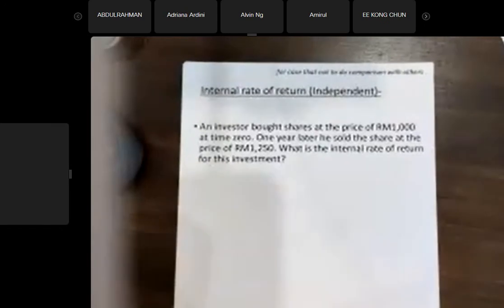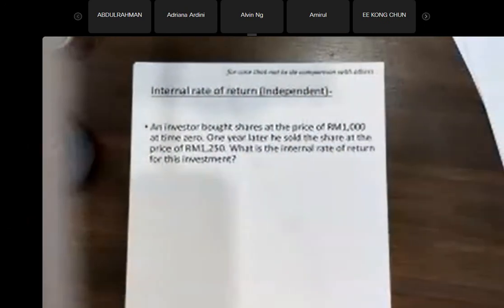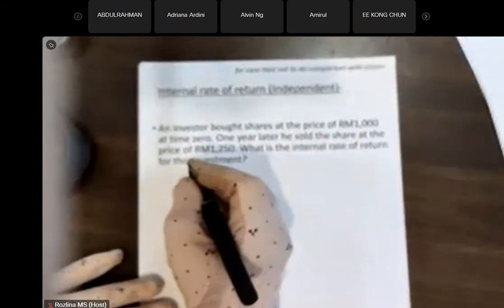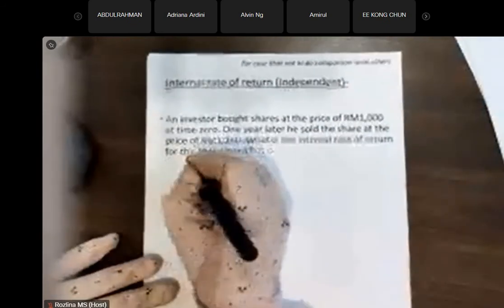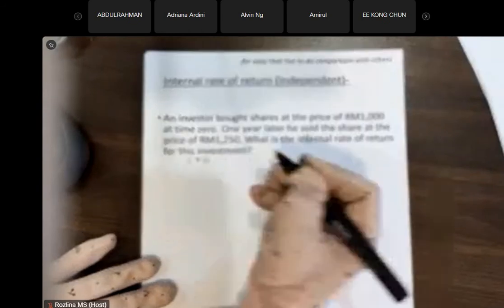Okay, in this case, the investor bought shares at the price of 1,000 at time 0. So first of all, what do you have to do? What is the step? You have to draw the cash flow diagram.